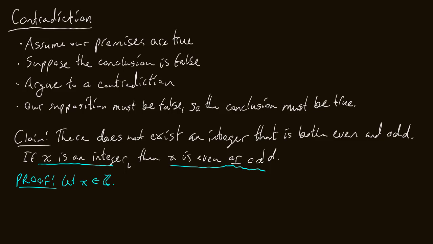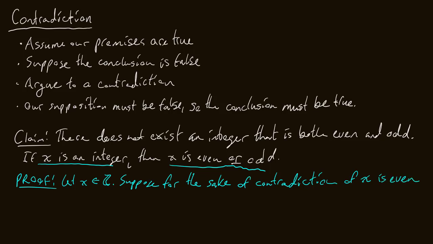So we're going to say x is even and odd. So we'll say suppose for the sake of contradiction. It's important when you're doing a proof by contradiction that you state that right at the beginning, so that your reader, your grader, knows exactly what kind of proof technique you're doing. So suppose for the sake of contradiction that x is even and odd.